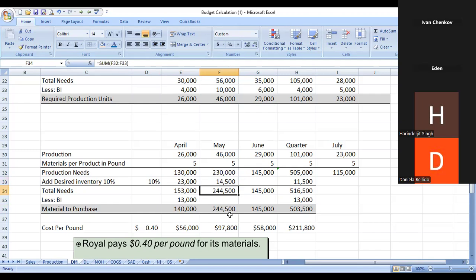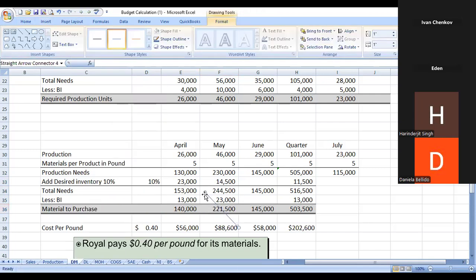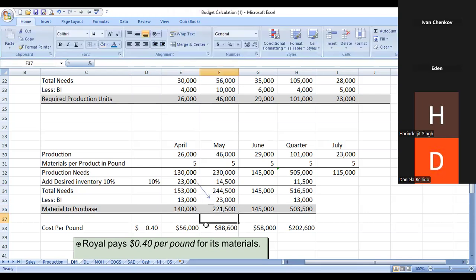So in total, we're going to need 244,500 pounds. But we already have, from the previous month of April, 23,000. So let's insert this shape here, this arrow, to show that we already have 23,000 pounds. So for the month of May, we have to purchase 221,500 pounds.